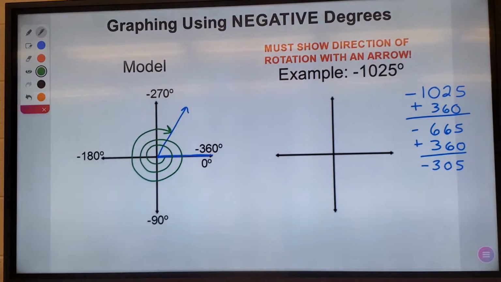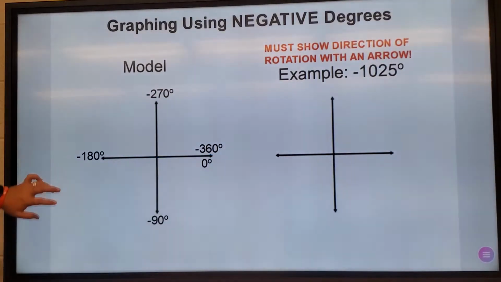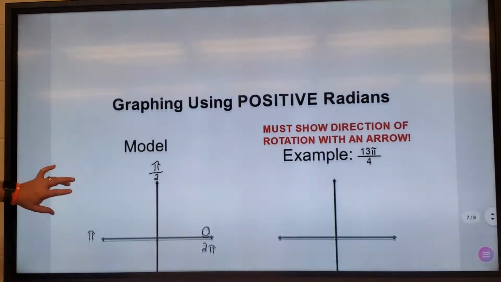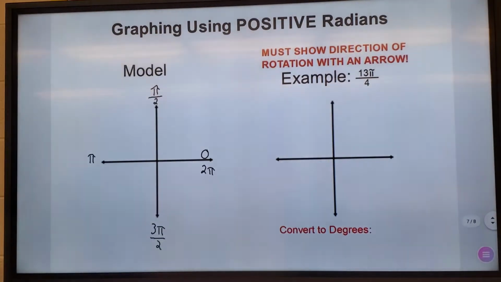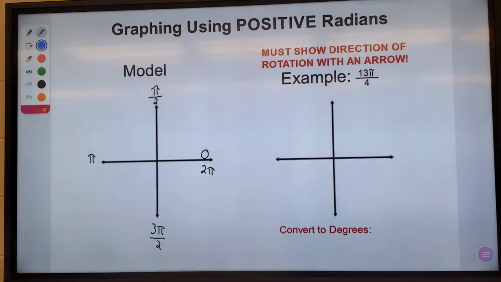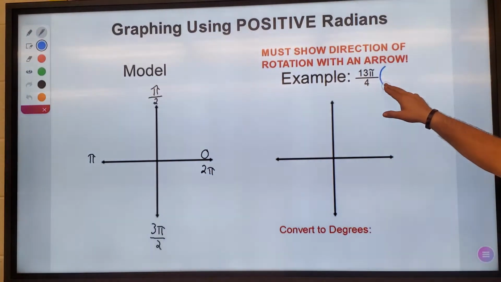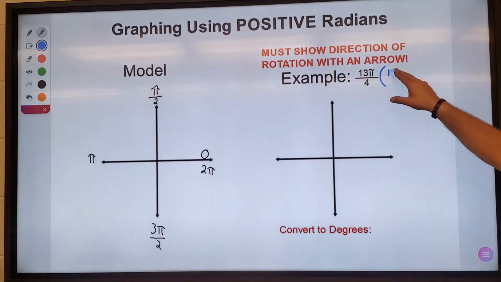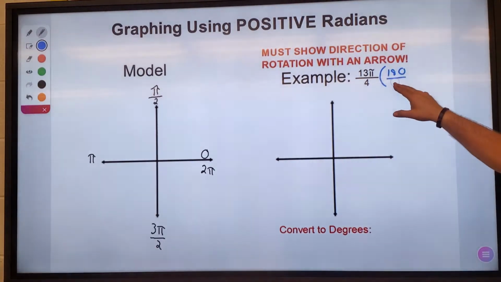Okay, so now one positive and one negative in degrees. Moving to the radians. Again, my suggestion here is to take what you're given and to change it from radians to degrees. So I'm going to take this 13 pi over 4, and I'm going to multiply it by 180 over pi.